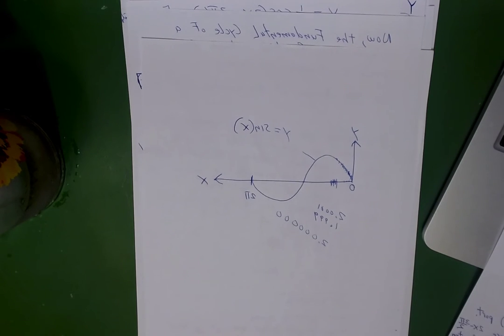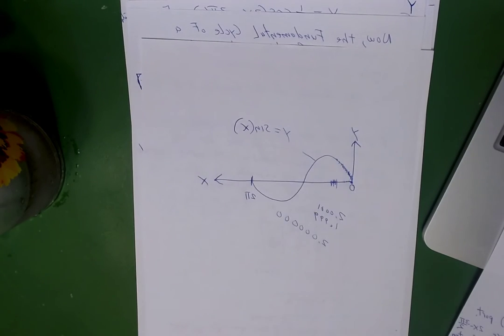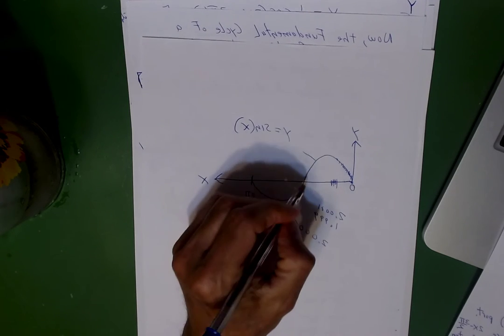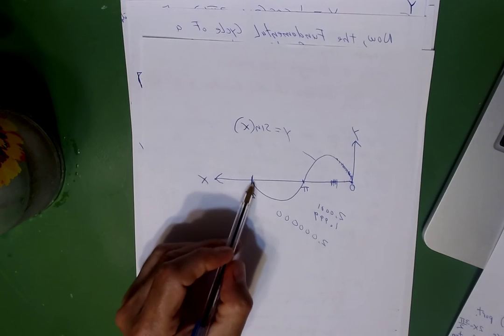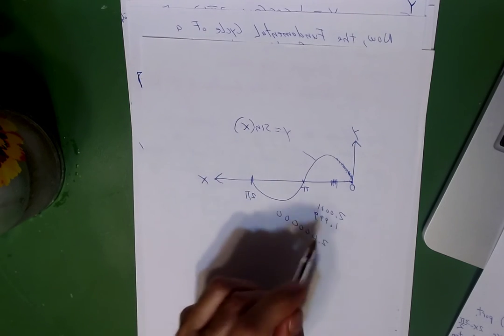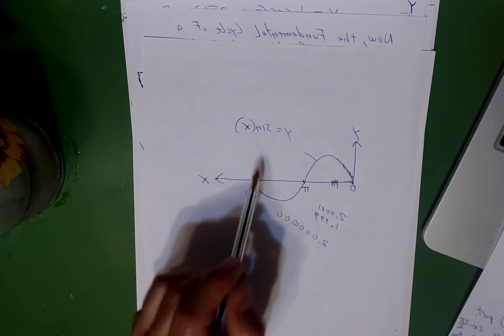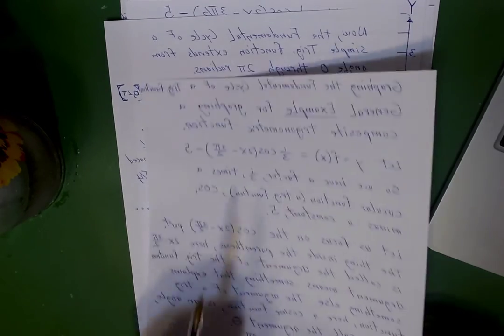Okay, so what values do you pick if you're graphing a fundamental cycle of a trig function? Well, it stands to reason that 0 suggests itself as a good value to have for some trig function, and pi would be a good value to graph, right? And 2 pi would be. Now here this is sine x, and I realize we're not doing sine x, we're actually doing a cosine function here, okay?